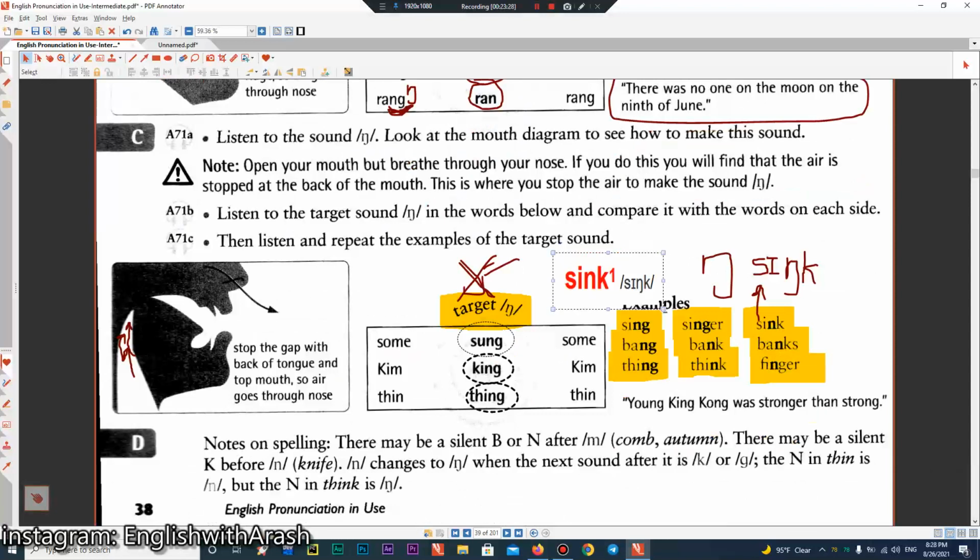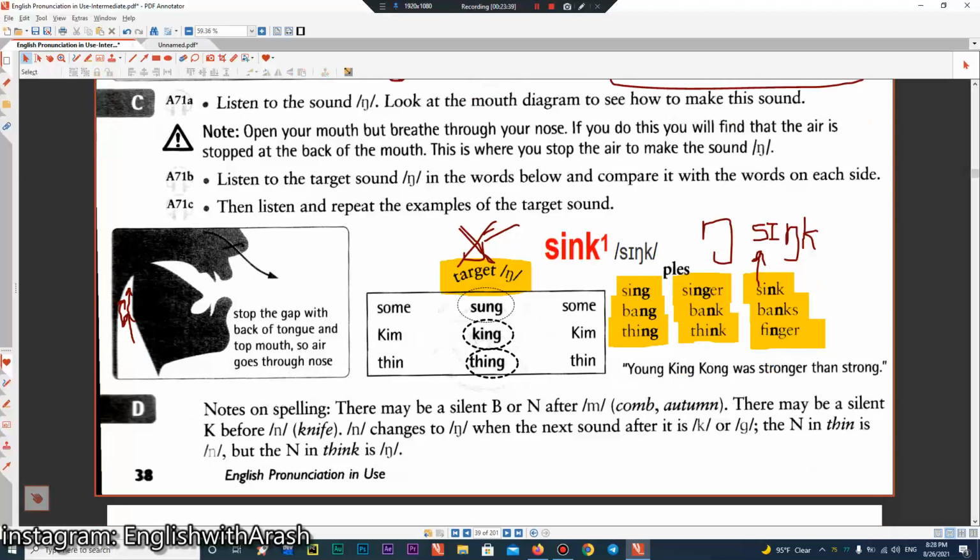This is from the dictionary. So you have sink, sink, sink. Alright, here you see that sometimes we have silent letters. For example, comb, B is silent. Or autumn, or column, N is silent at the end here.